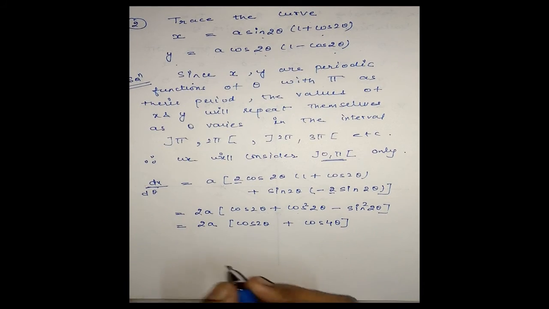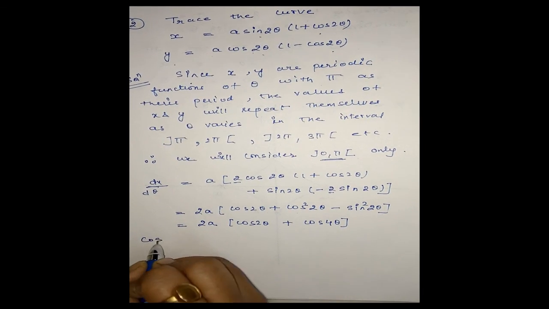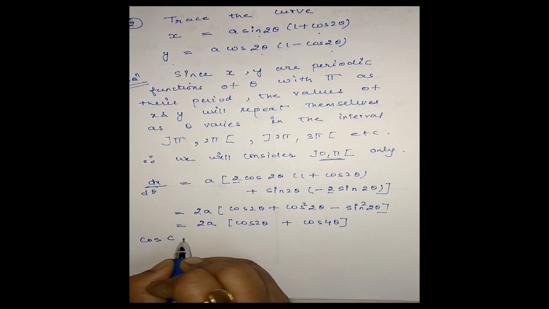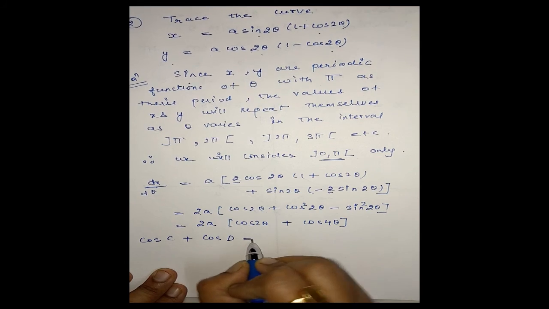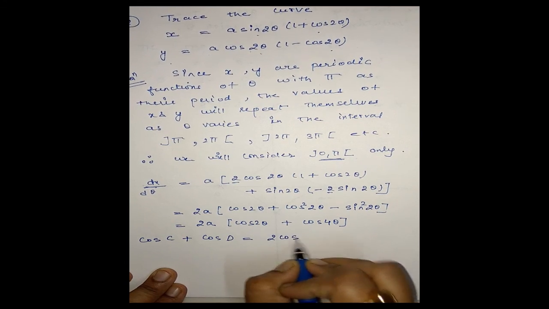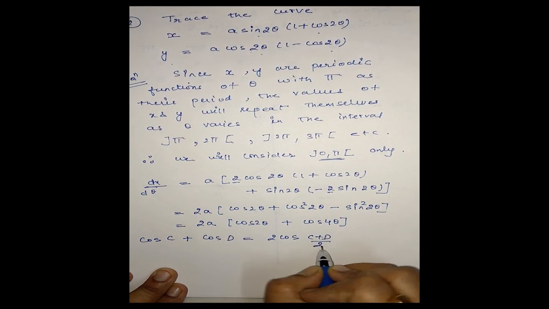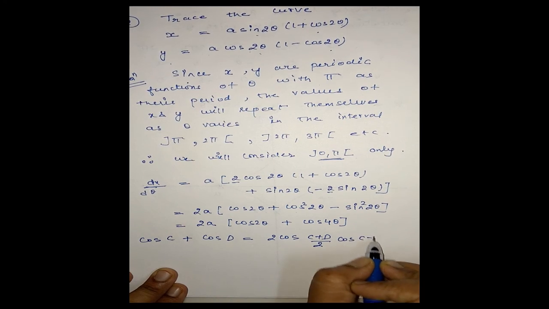Now we have an identity formula in trigonometry: cos c plus cos d is equal to 2 cos (c plus d by 2) into cos (c minus d by 2).